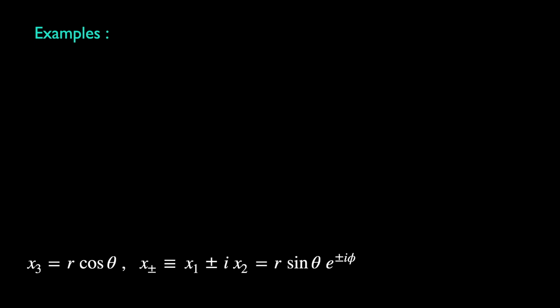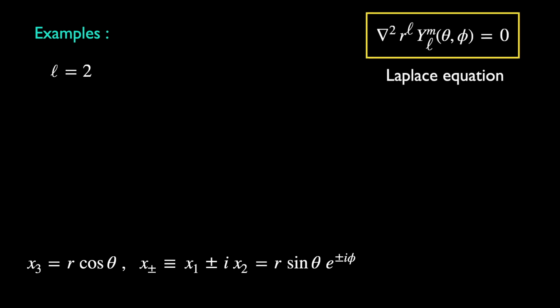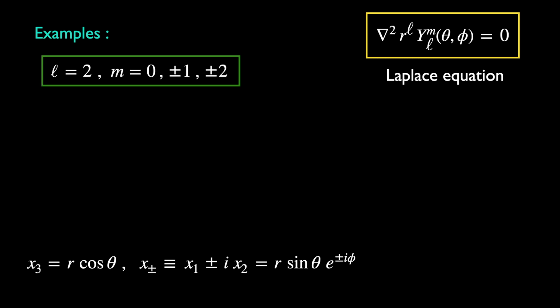Next, we move on to the family of functions with L equals 2. This will provide us with the first example where the Laplace equation actively constrains the solutions. Let's start with the easiest case and proceed to the more complicated.